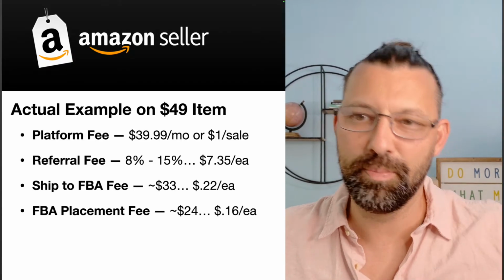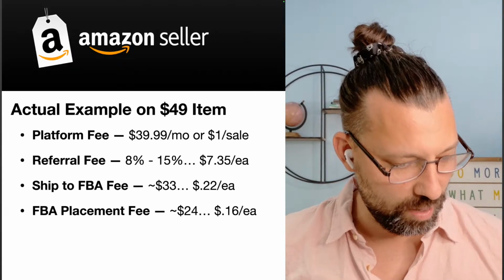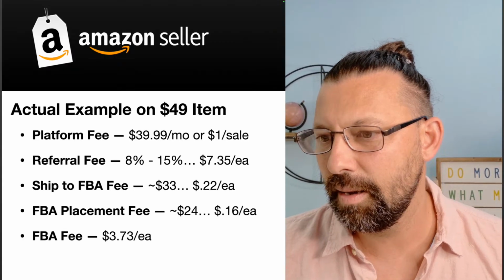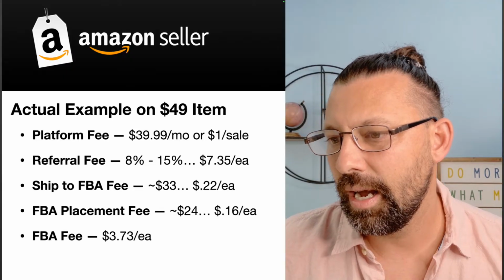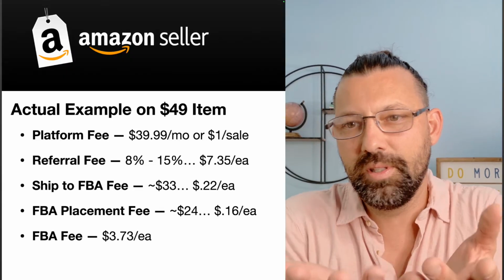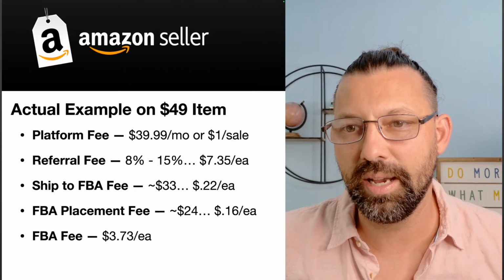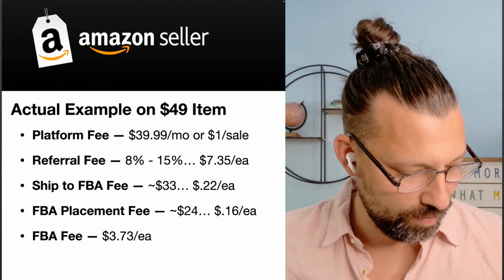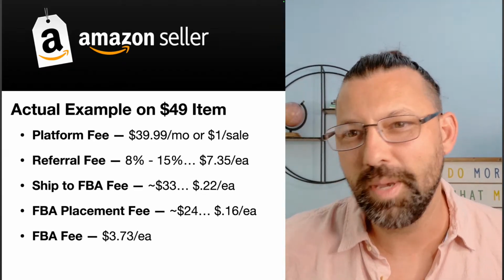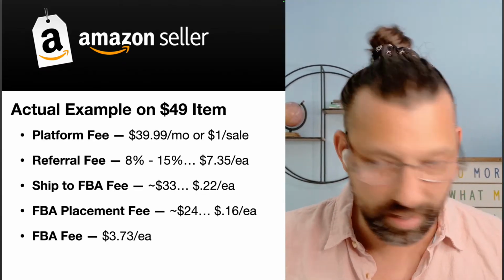And so there's this placement fee to distribute those things around the network. And then when someone orders something, this is essentially their shipping fee, the fee that you pay Amazon to distribute it on Prime, whether they choose to use UPS or their own carrier.